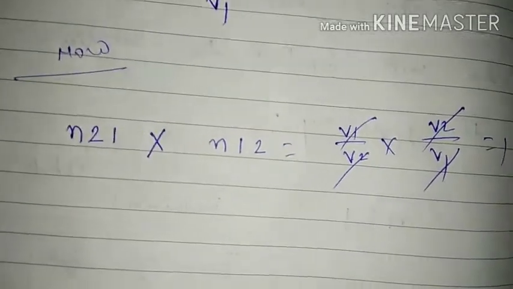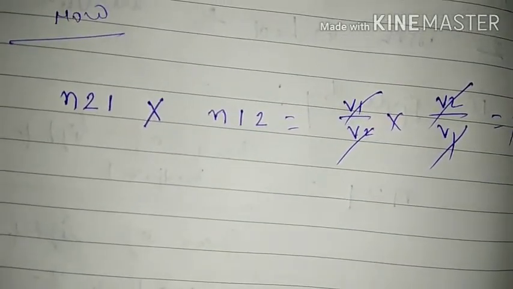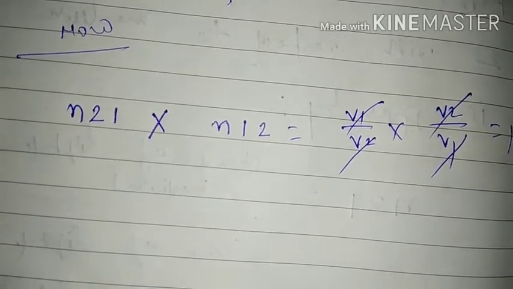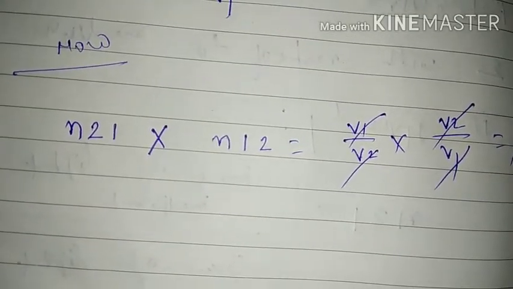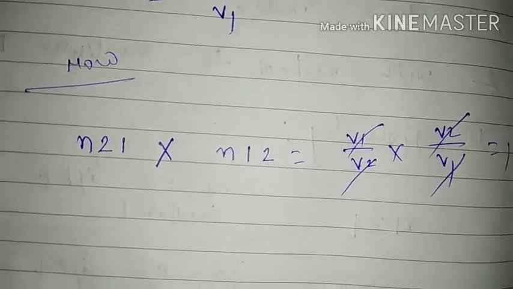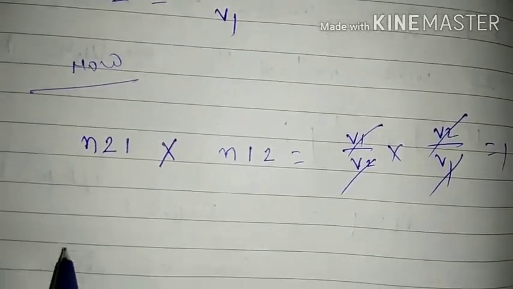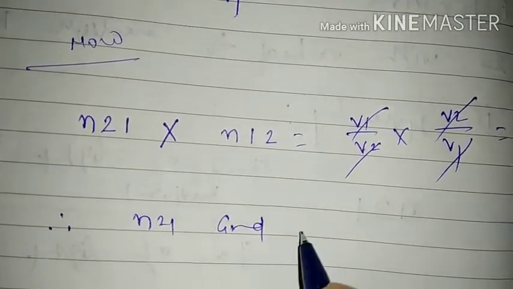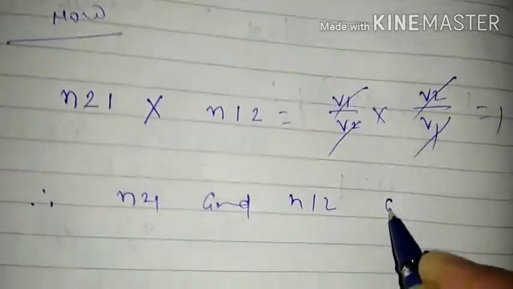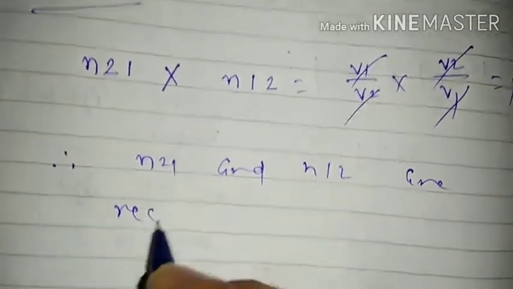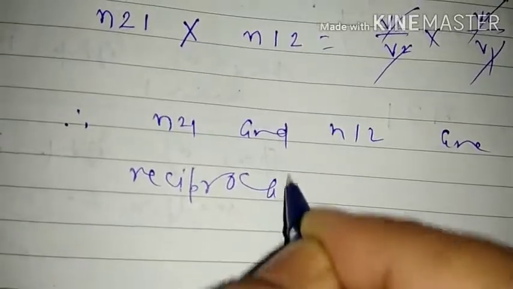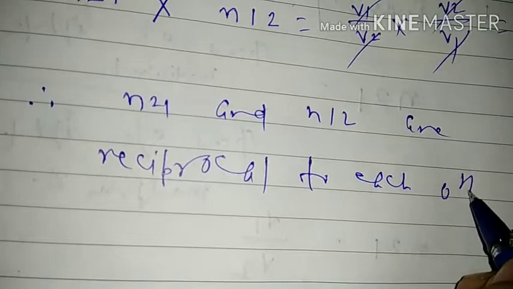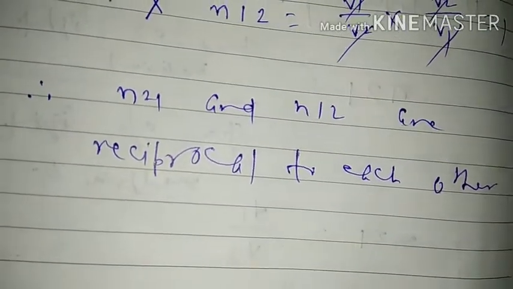And mathematically, we know that if the product of two factors or two things is 1, then these two are reciprocal to each other. Therefore, we can write that N21 and N12 are reciprocal to each other. You know it well mathematically.